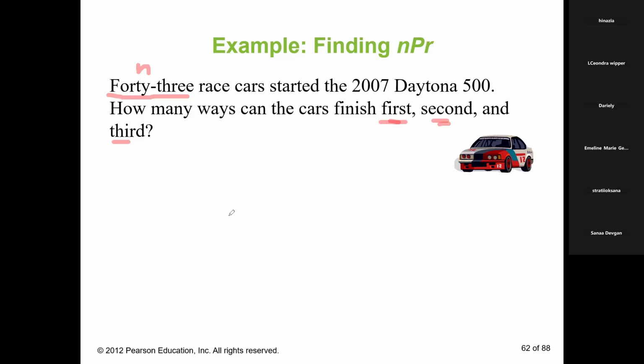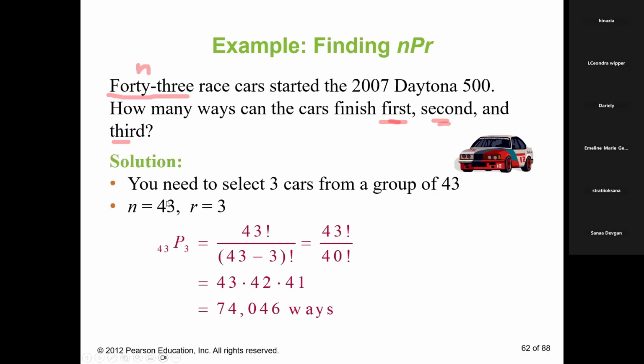Now, N is 43, so you need to select 3 cars from a group of 43. Why do you use permutation? Because there is order. There is the first, the second, and the third.